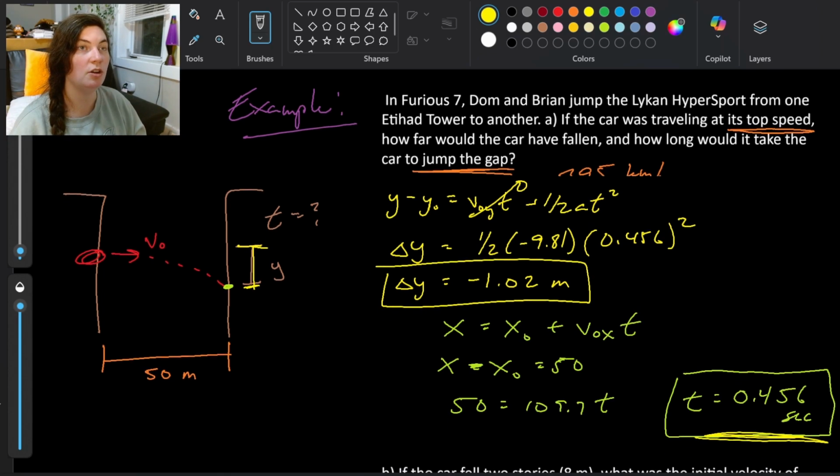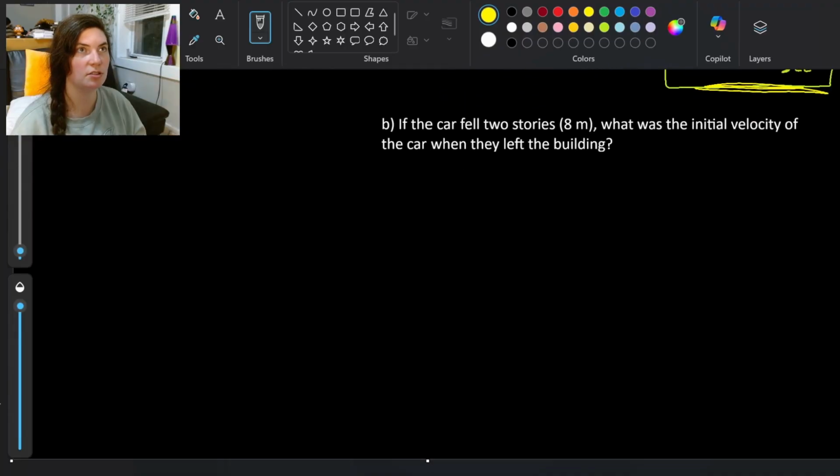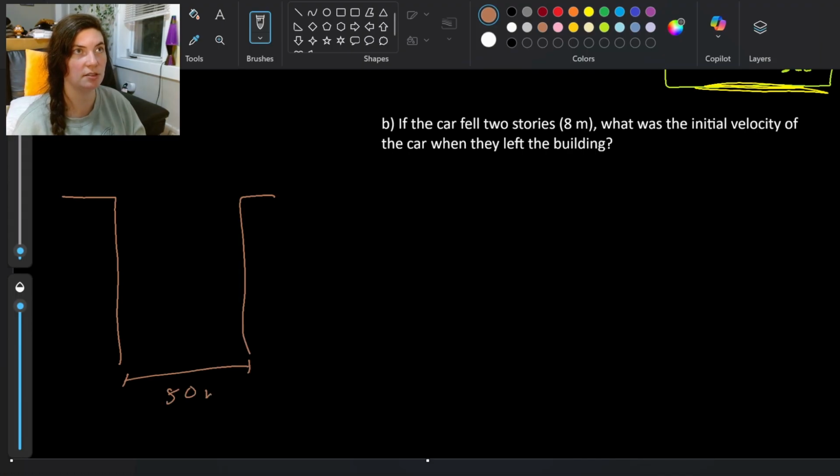Let's say we know how far they fall. So what if the car only falls 2 stories? It's the same problem setup, but now different variables. We still have the distance between the buildings as 50 meters. The car is still shooting out of the building. But now we're saying we know delta y.